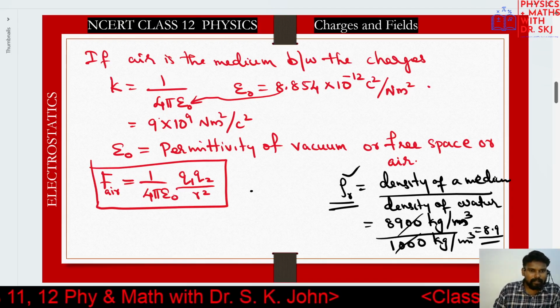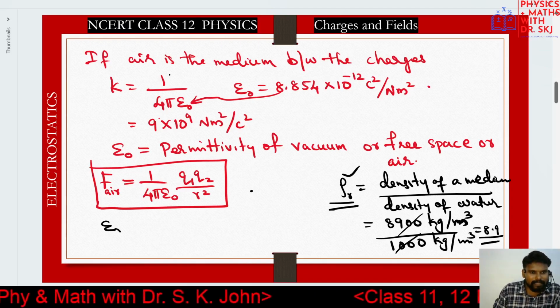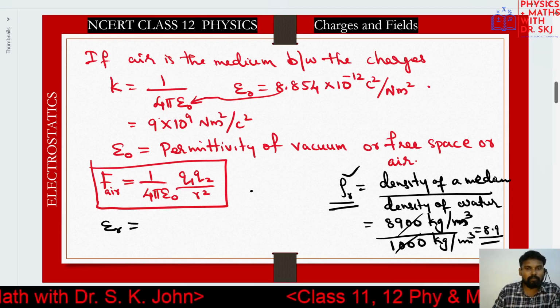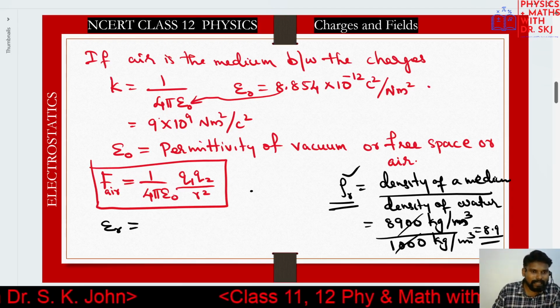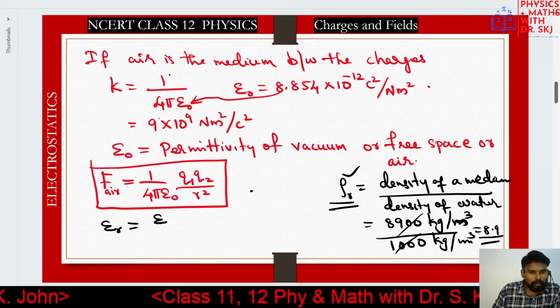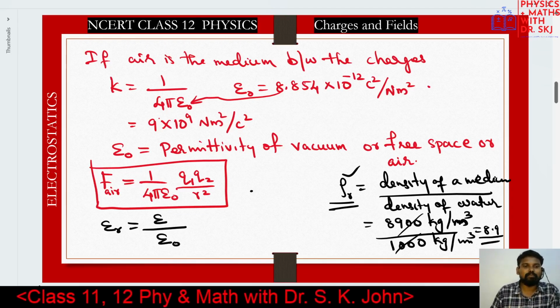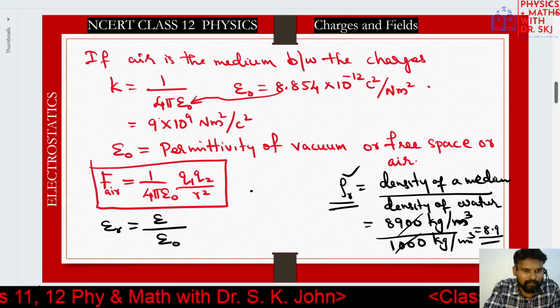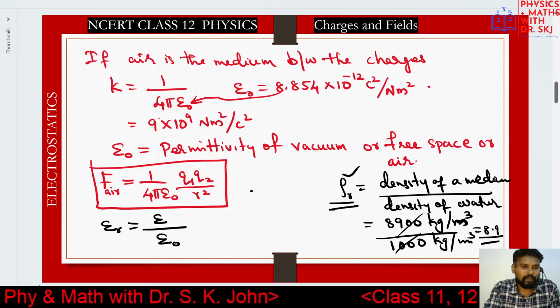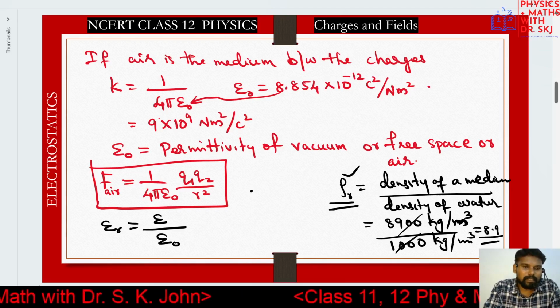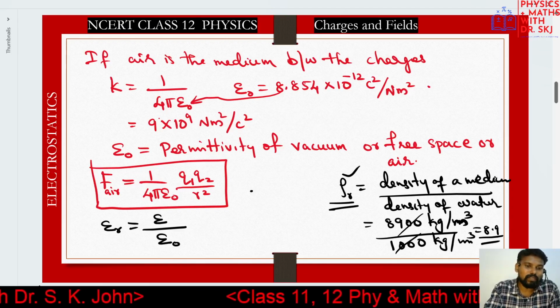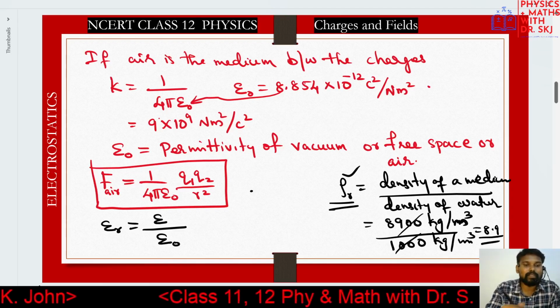Similarly, here we have a relative permittivity. What is relative permittivity? The permittivity of a medium divided by the permittivity of vacuum is called the relative permittivity. You can say relative permittivity is the ratio of the permittivity of a medium to the permittivity of vacuum.